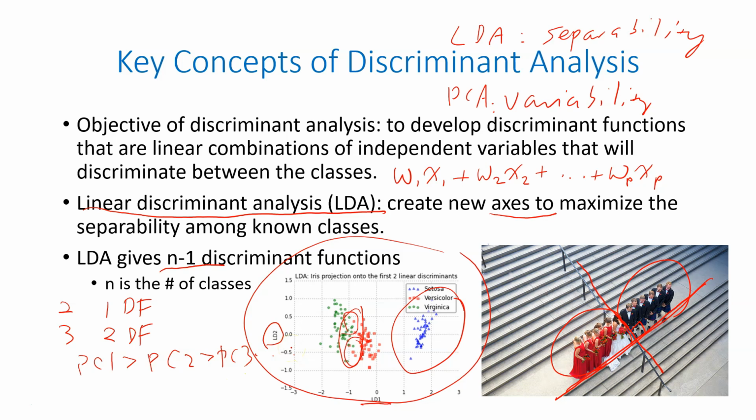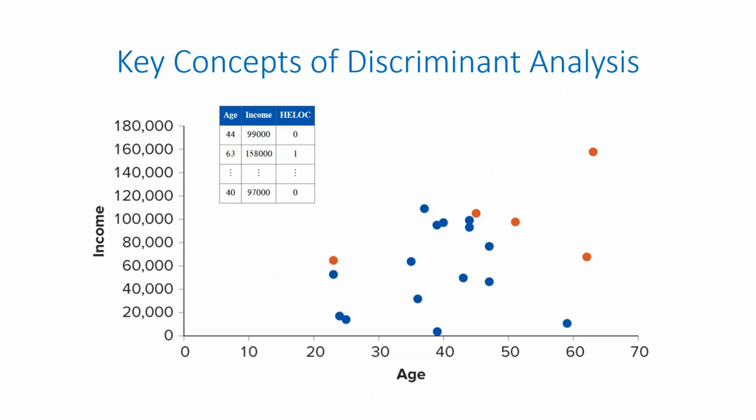In LDA, the first discriminant function would best separate the classes and account for more class separation than the second discriminant function. And the second discriminant function would account for more class separation than the third discriminant function, if it exists, and so on.